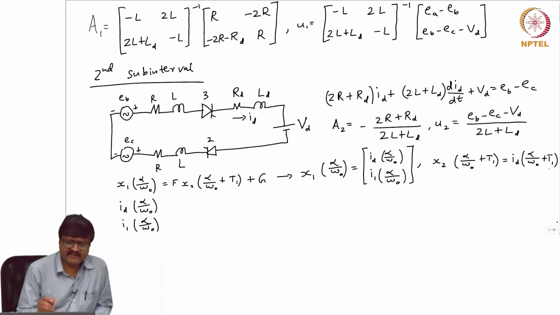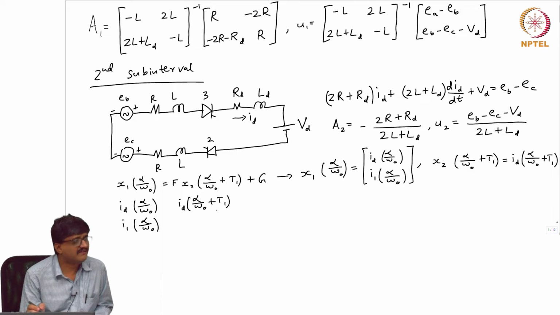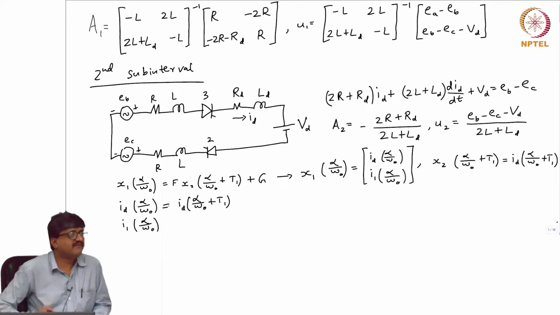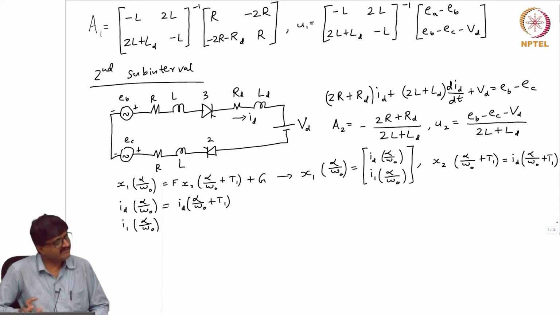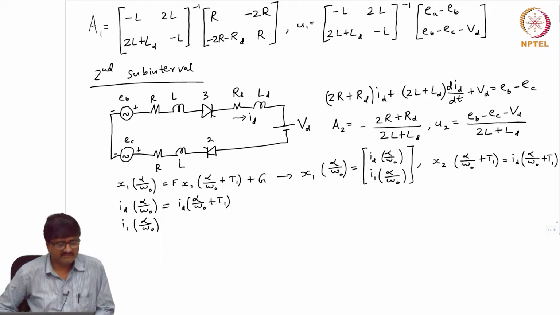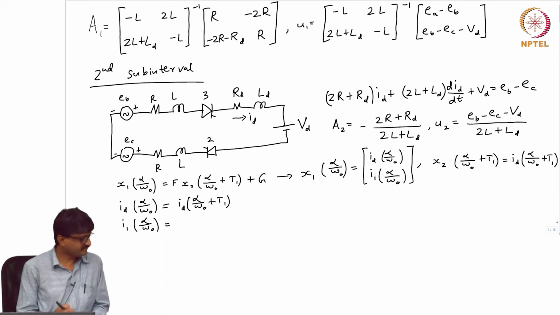Can I relate ID at alpha by omega O and ID at alpha by omega O plus T1? They are the same. Why? Because it is periodic. ID is periodic with the period T1. ID is a DC side current, so the period of ID is T1. So, ID at alpha by omega O is the same as ID at alpha by omega O plus T1. Then, what about I1 at alpha by omega O?